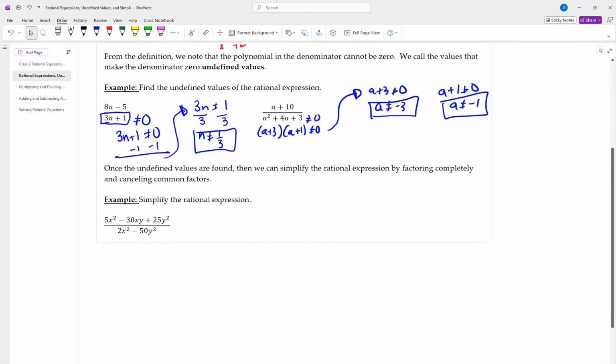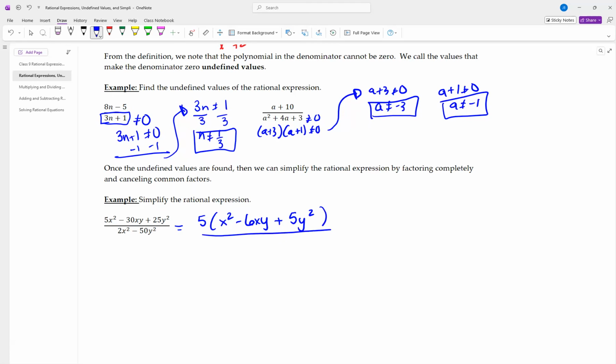Actually, simplifying is easier to do once we factor. For example, the numerator here looks like a hot mess, but I'm going to pull out a 5 first. If I do that, I get x squared minus 6xy plus 5y squared. And the denominator, if I pull out a 2, is x squared minus 25y squared.